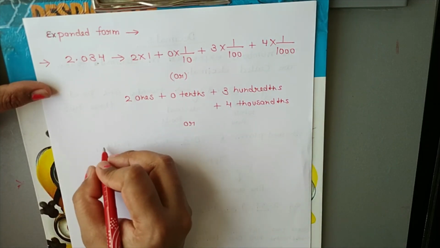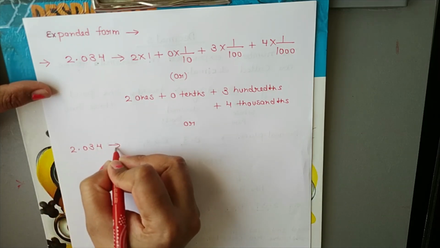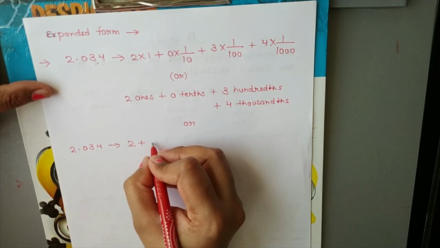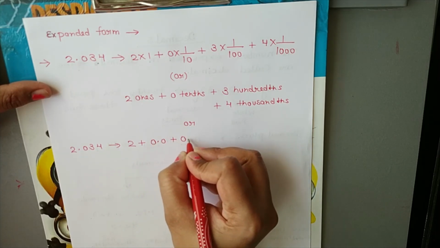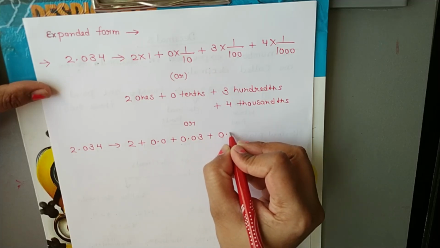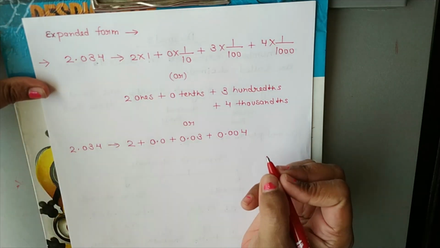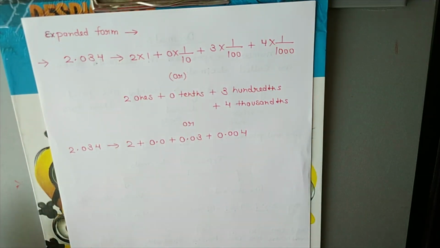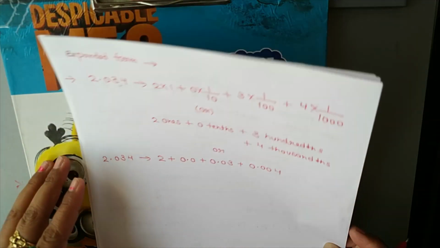Or it can be written as 2.034 = 2 plus 0.0 plus 0.03 plus 0.004. So there are 3 ways to write a decimal number in expanded form.